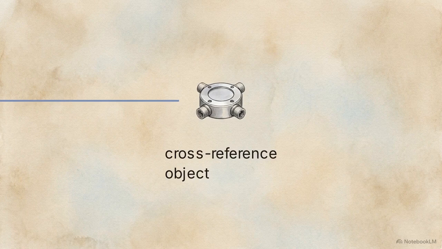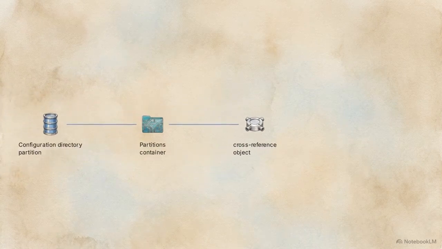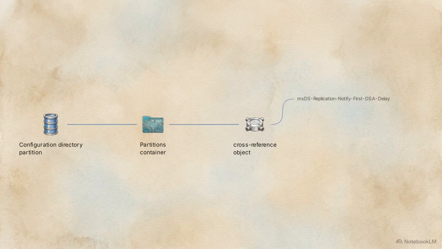To replace the old local registry keys, Microsoft attached 2 entirely new Active Directory attributes directly to this object. The attribute governing the initial pause is labeled msDS-Replication-Notify-First-DSA-Delay. Its default value is aggressively optimized down to just 15 seconds.